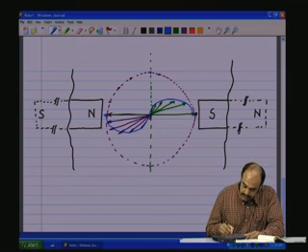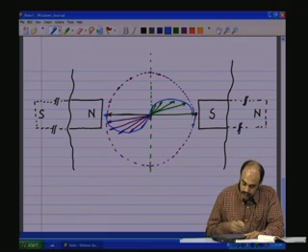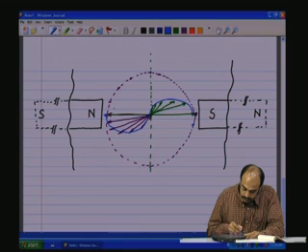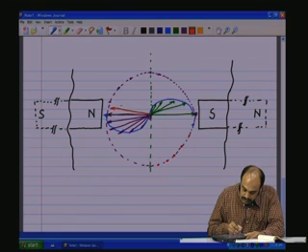So, when the point starts moving, we see again the mirror image of this, and then when this starts moving again towards the orthogonal axis, you will see the field decreasing.